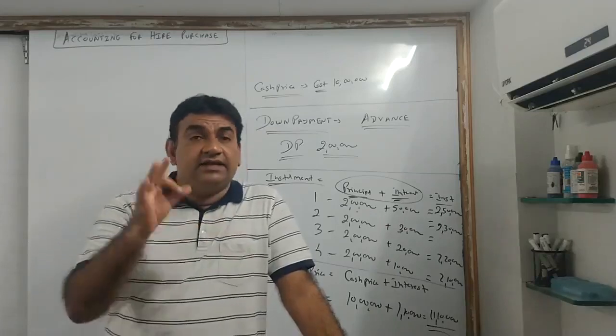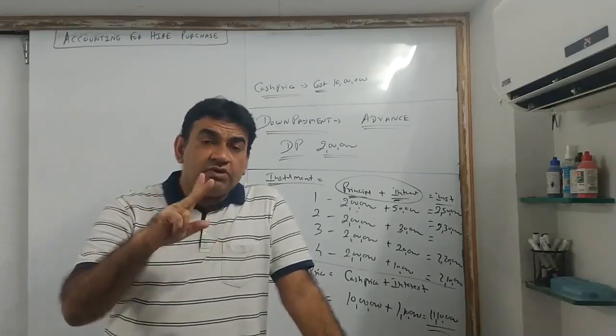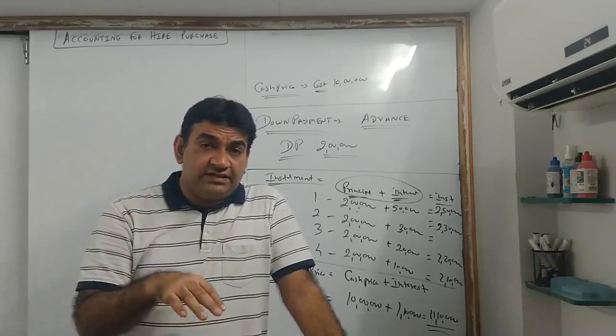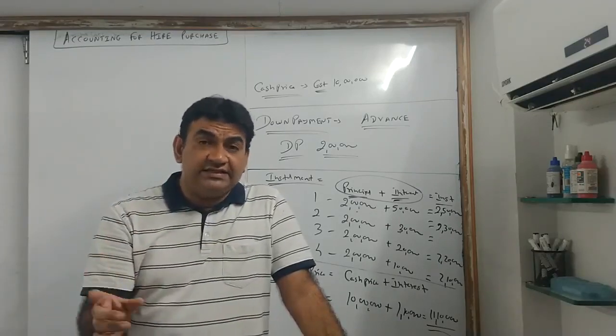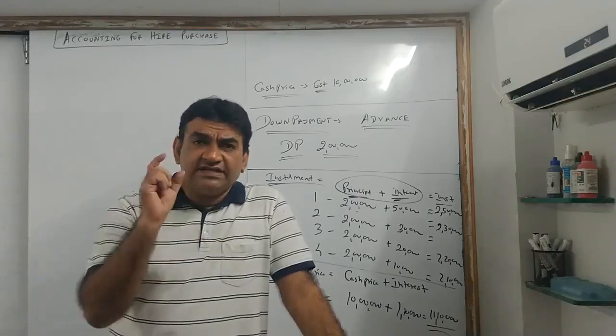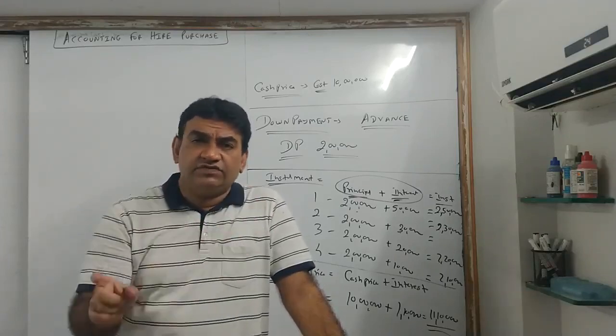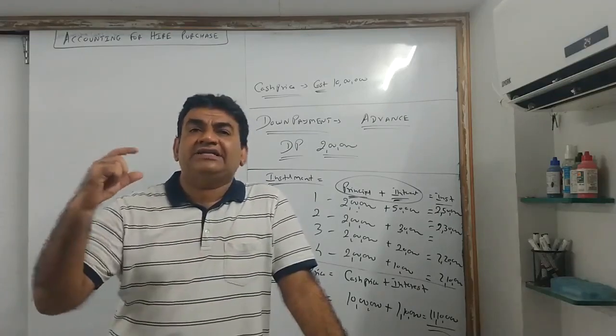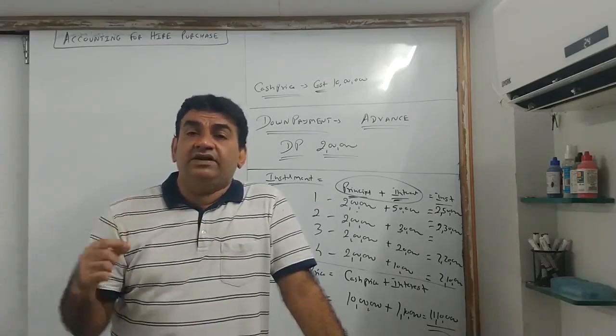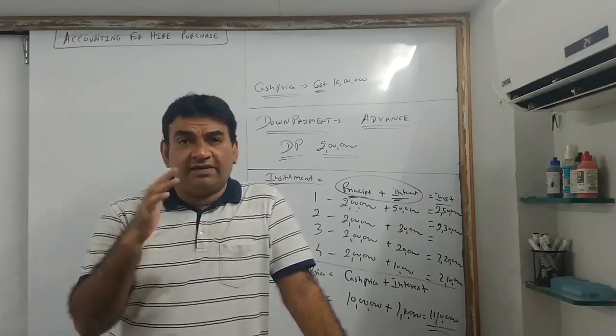Trust me. Okay? Now see, whether you do accounting in the books of buyer or seller, whether you do only journal, or journal and ledger, or only ledger, every sum needs a certain calculation for which I will make a statement in my way.